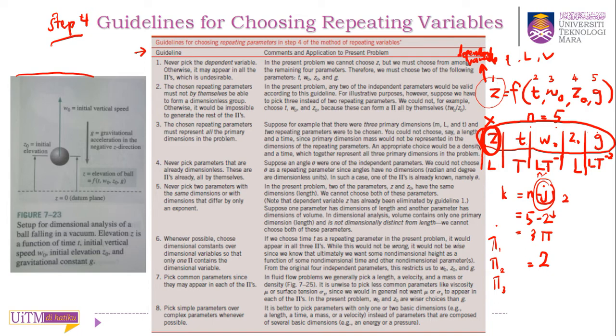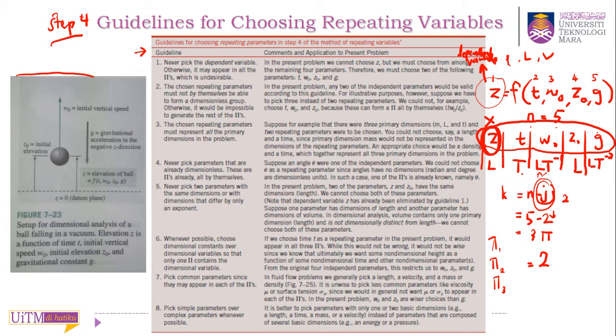The next guideline is that the chosen repeating parameters must not by themselves be able to form a dimensionless group. This means that among the other 4 available parameters, you cannot choose parameters that can form a dimensionless group.